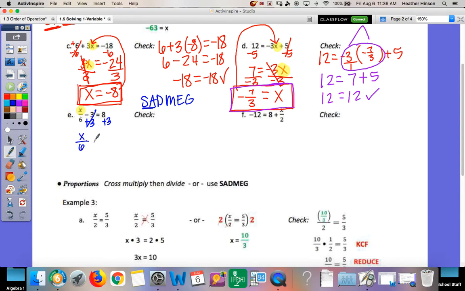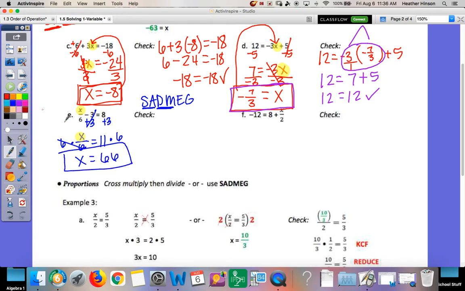Bring your x over, 6 down. 8 plus 3 is 11. Do we see any division or multiplication on x? Yes, this is x divided by 6, so we multiply. Multiply out your division. So 11 times 6 is 66.